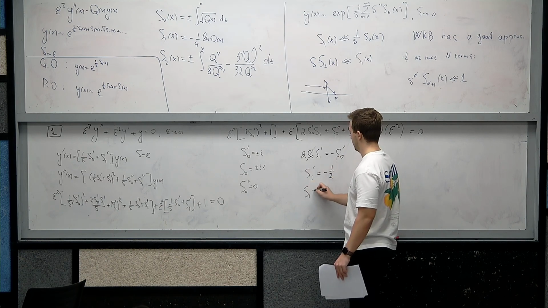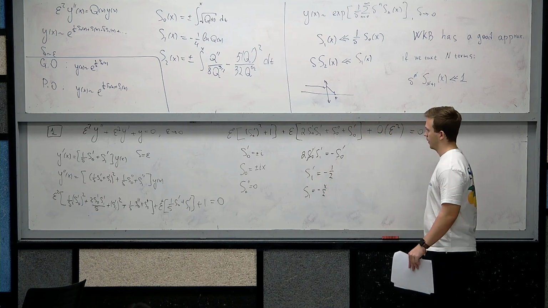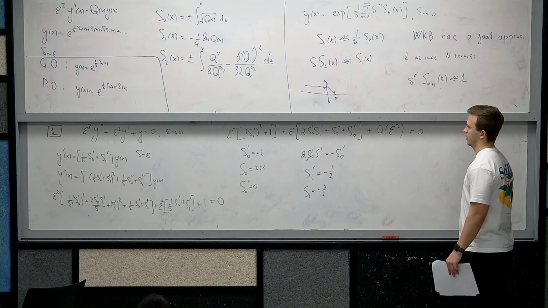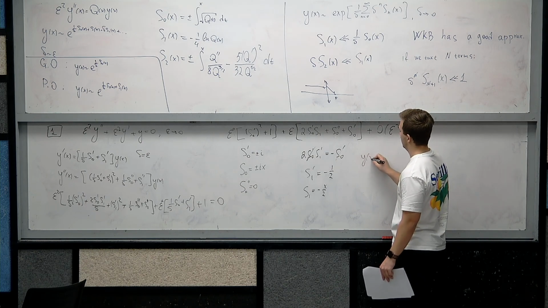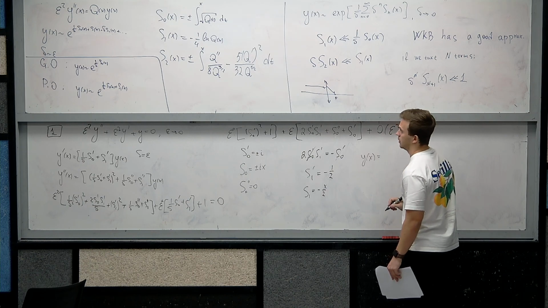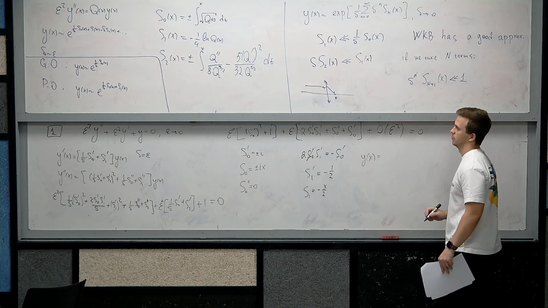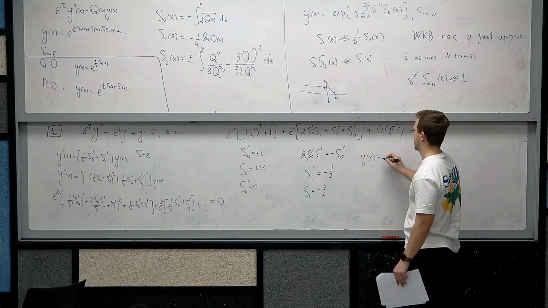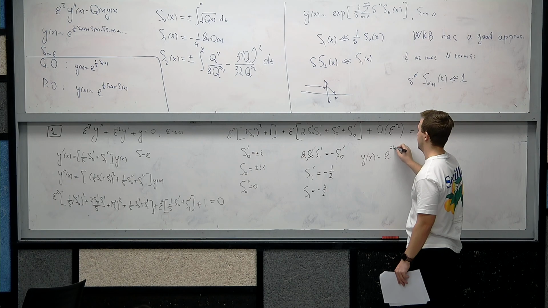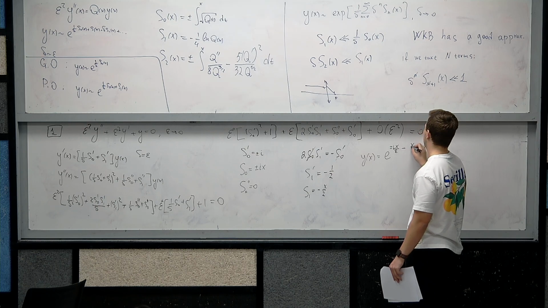So S1 is minus x over 2. Great. Now we can write the solution in the physical optics approximation. The solution is e to the plus minus i x over epsilon minus x over 2.